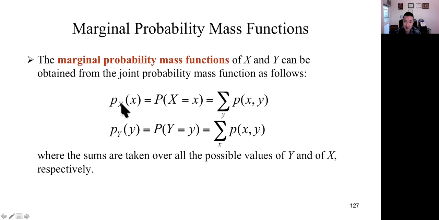So that is Pxx. Similarly for Pyy, when Y equals small y, when Y is fixed, we add the probability of all the possible x together, where the sums are taken over all the possible values of X and Y respectively.